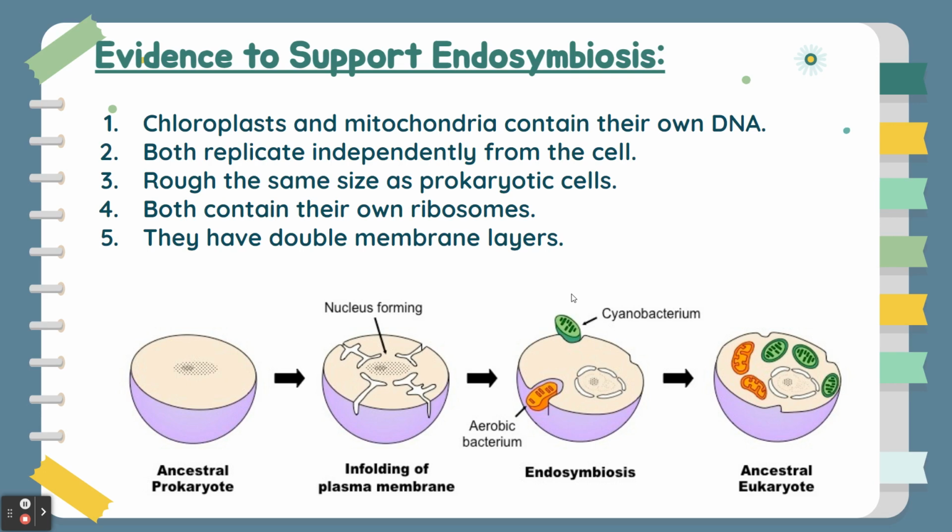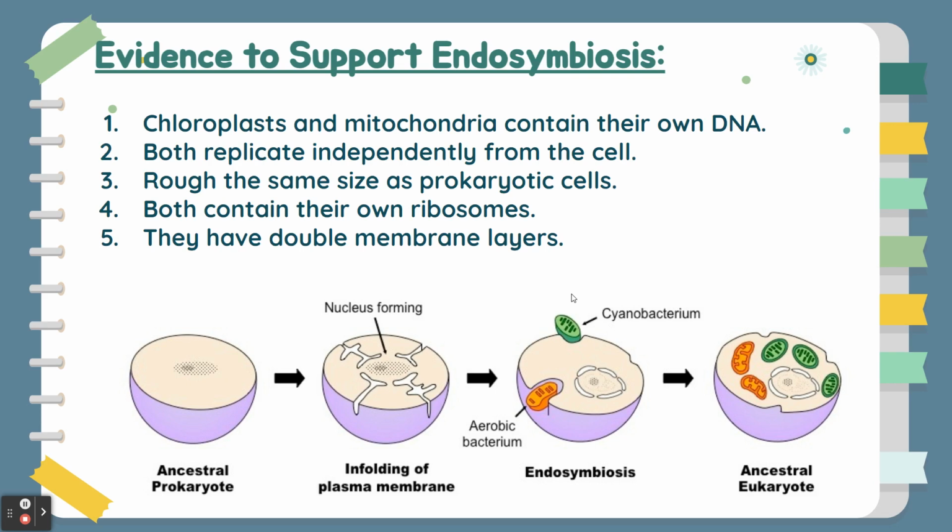All living things have ribosomes, right? The ribosomes found in mitochondria and chloroplasts are structurally similar to those in prokaryotic cells, but they're actually different from the ribosomes found in the cytoplasm of eukaryotic cells. This suggests that these organelles have their own protein synthesis machinery similar to prokaryotes.